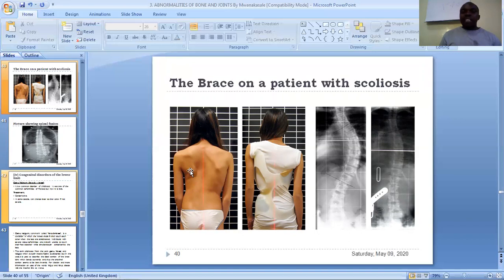Then you can see the inferior angle of the left scapula, it's a bit flat. If you follow the reddish line downwards, you'd actually tell that this woman has scoliosis.